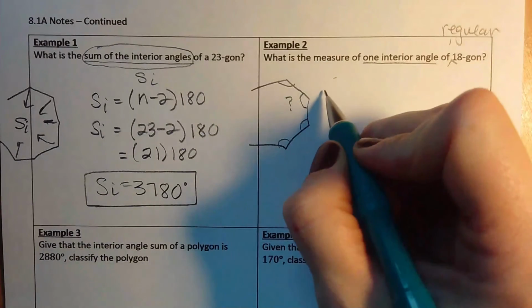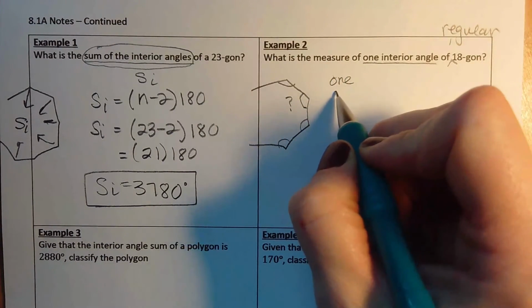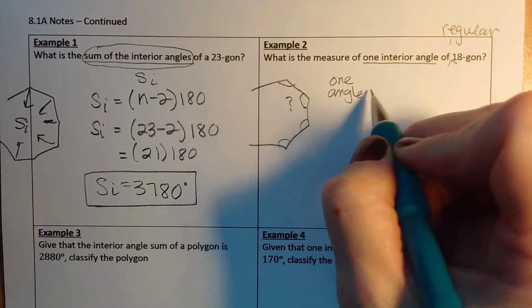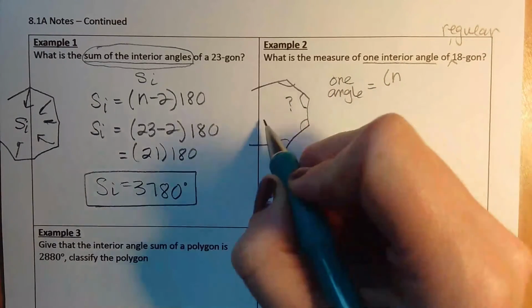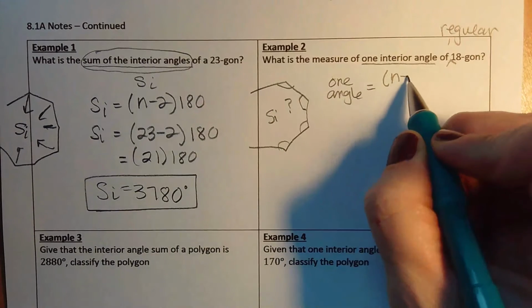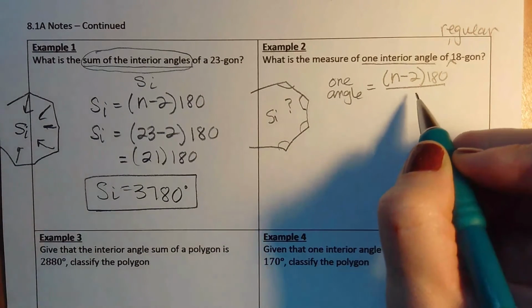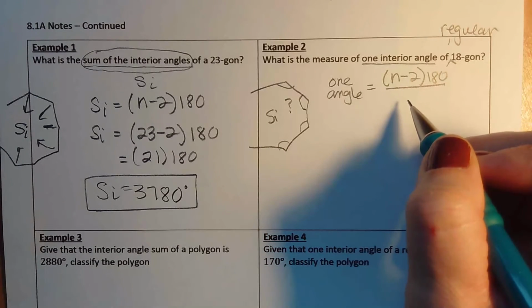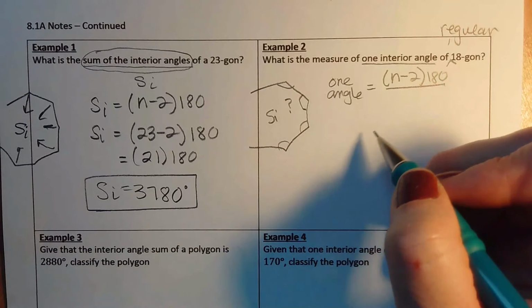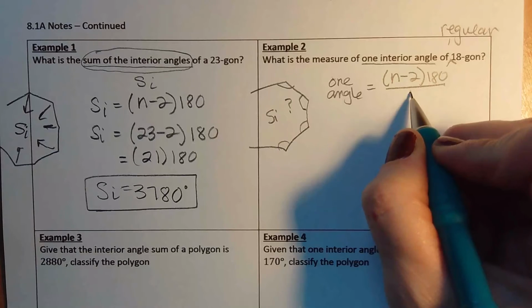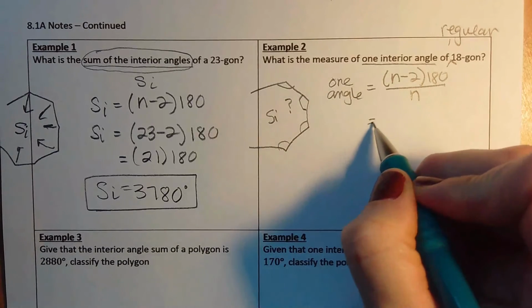So we are going to do the old one angle formula. And that means we get the big SI number first. And then we're going to take that big SI number and divide it by however many angles there are in the polygon, which is always the same as the number of sides. So for us, that'll be 18.